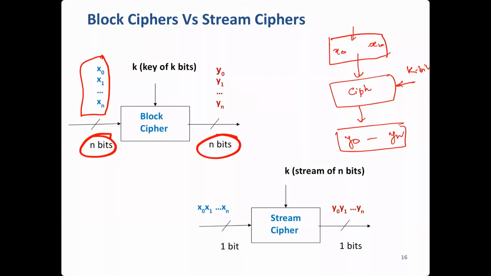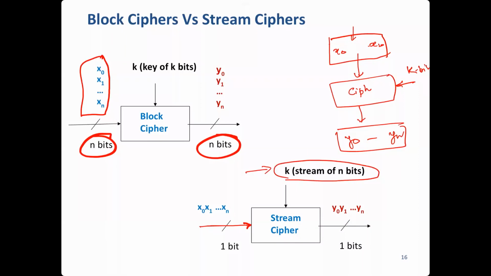And second is stream cipher, like you stream bits of data, for example, on some channel. Then you want to very quickly encrypt that. So a very simple stream cipher could use a stream of key bits.